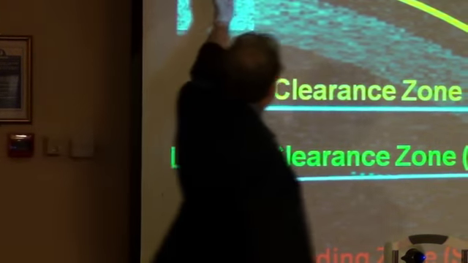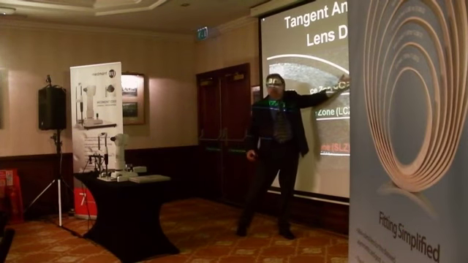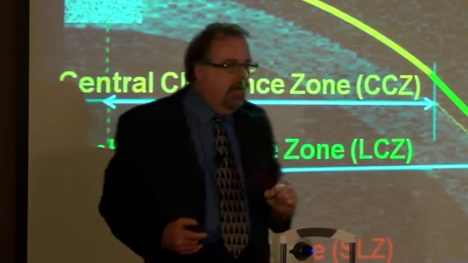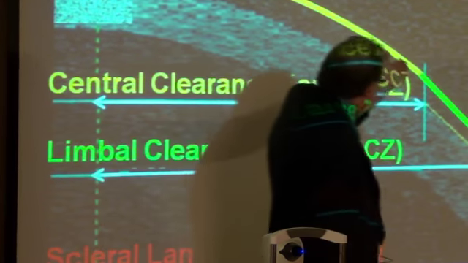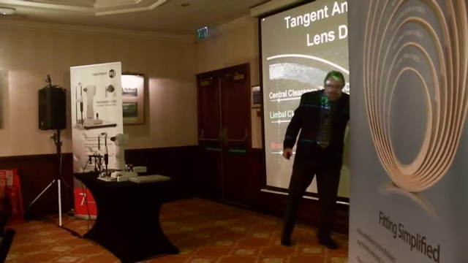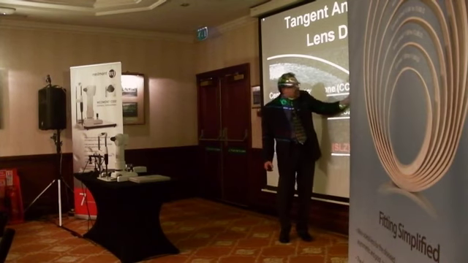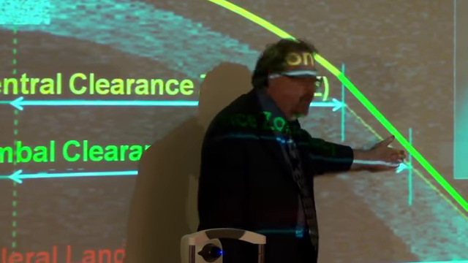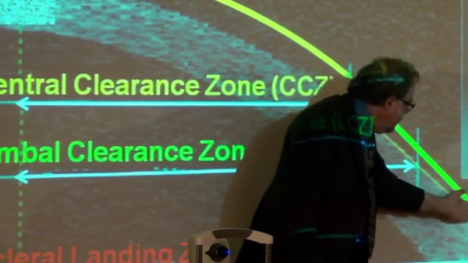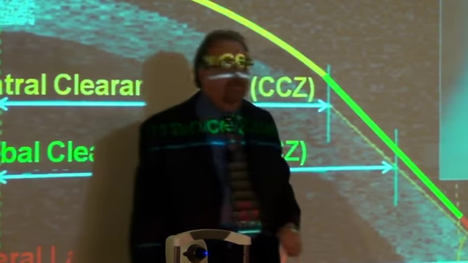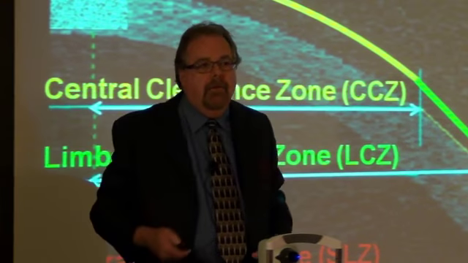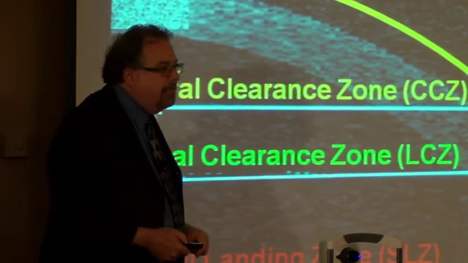It has a curve in the center of the lens, but that curve then joins up with a tangent angle. And that tangent angle clears the peripheral cornea, clears the limbus, and then ultimately moves into the scleral landing zone where it comes in contact with the surface of the eye.